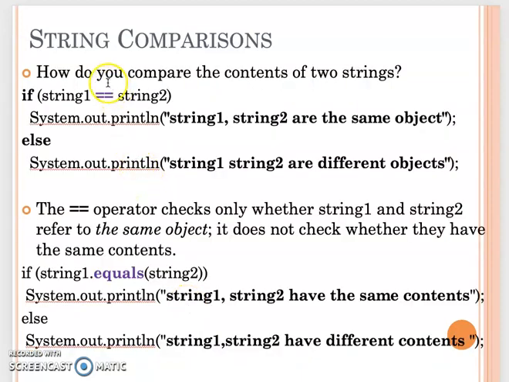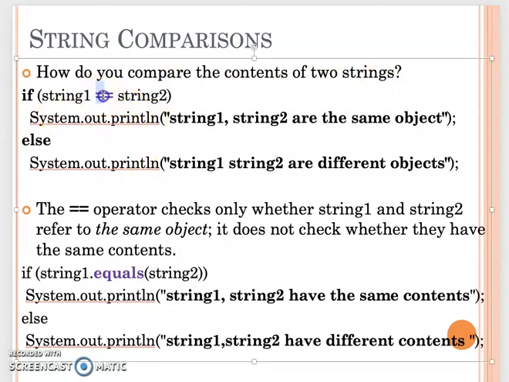That's why sometimes when we have two strings, you need to be careful. Anytime you use the equality operator to compare an object reference variable with another object reference variable, you are actually checking whether they refer to the same object.